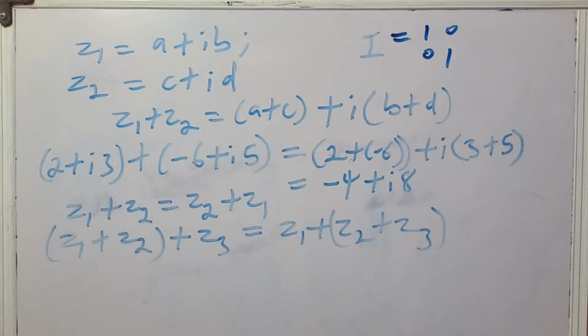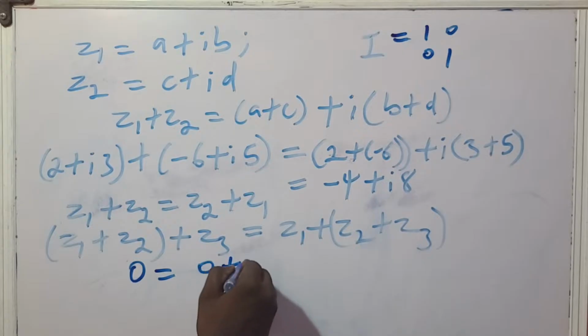So what we have is what we call the zero complex number. Actually, we denote a zero complex number with the word zero. So it will have the real part to be zero, and the imaginary part will be zero also.